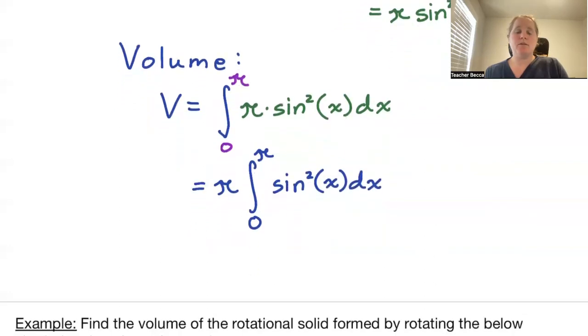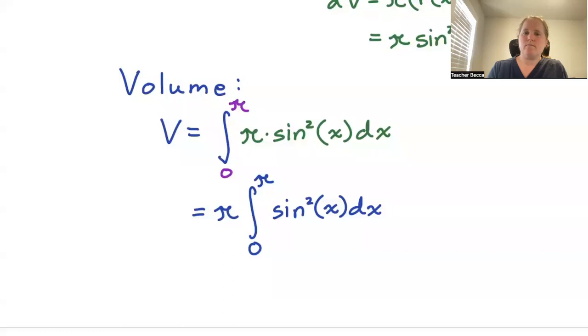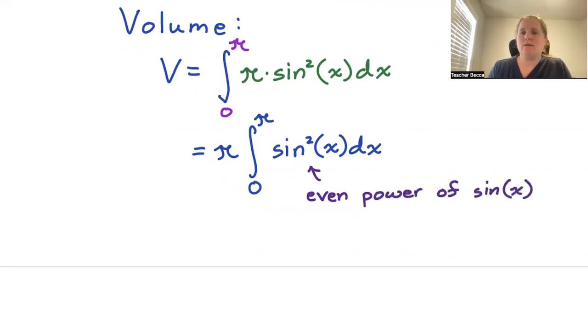We have a formula to rewrite sine squared of x in terms of cosine 2x. So again, we're getting into our integration techniques here. We have an even power of sine x, and so this is when we do our power reducing.